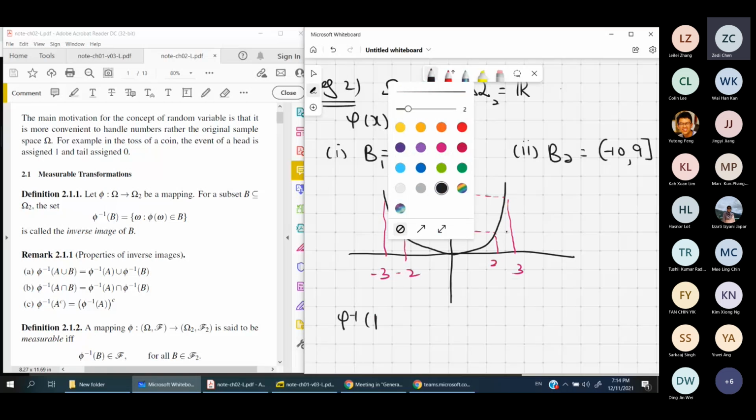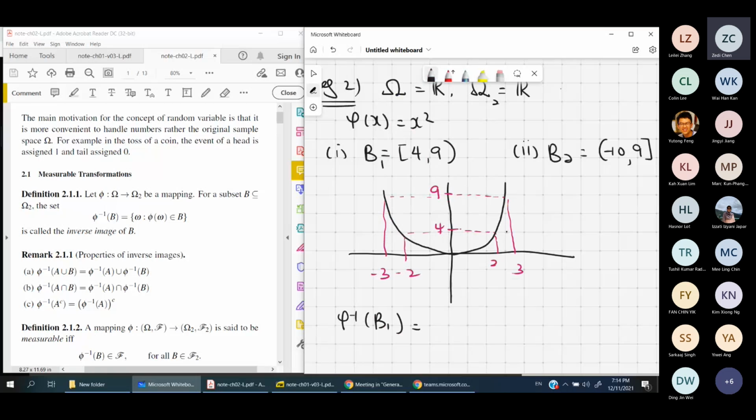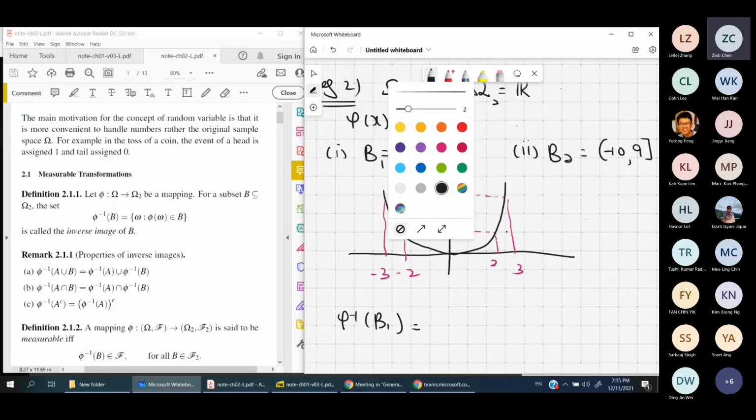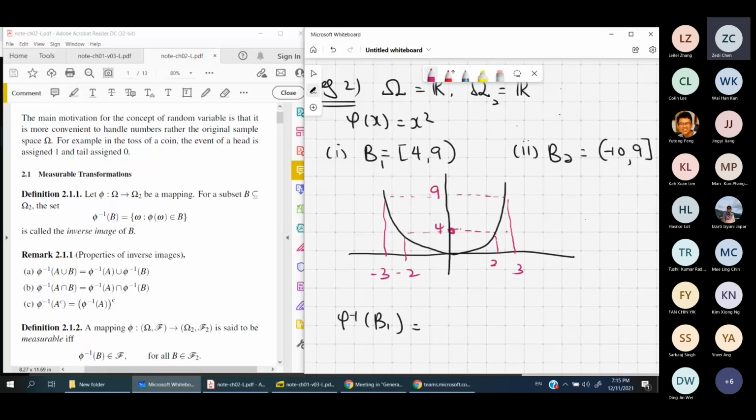Find the inverse of B1 will be, okay, so you can see, 1, including 4, excluding 9. I think I better draw it. So excluding 9, including 4.